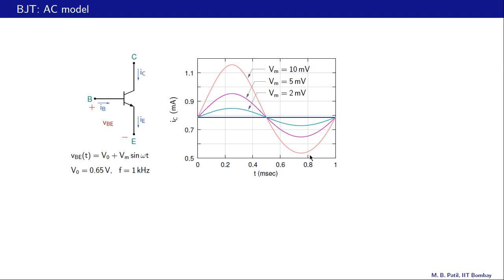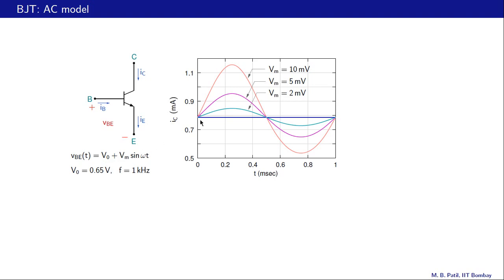And as we are looking at these closely, you will surely notice some difference in the shape of these three curves. As VBE varies with time, we expect IC of t also to vary with time, and when VBE increases above the base value V0, then IC will go above this base value, that is the DC collector current corresponding to base emitter voltage of V0.